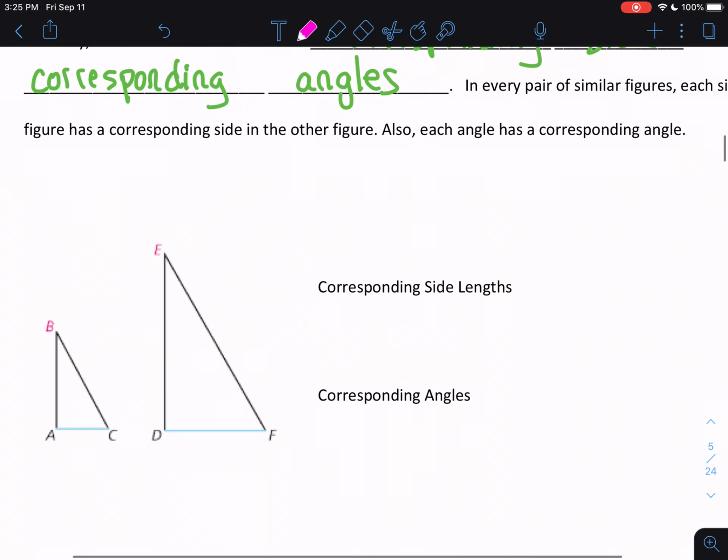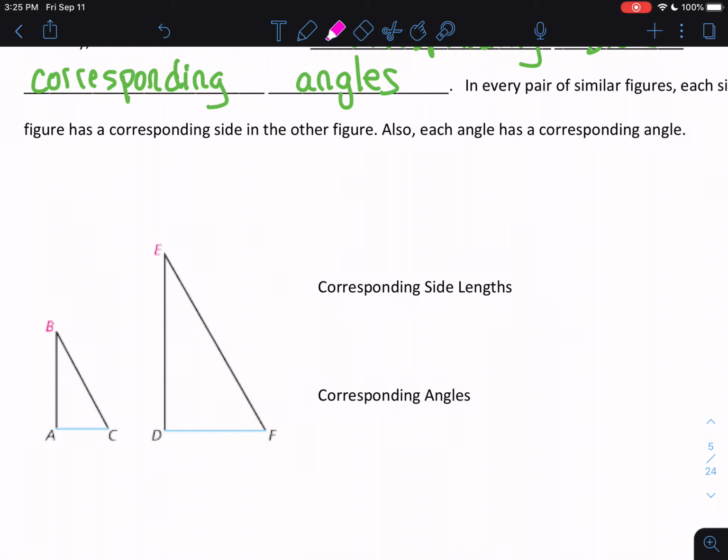So here we see triangle ABC and similar triangle to that triangle DEF, excuse me. So first, I always like to identify the corresponding angles first, because from there, it's easier for me to find the corresponding side lengths. So I'm going to use a highlighter to identify those corresponding angles.